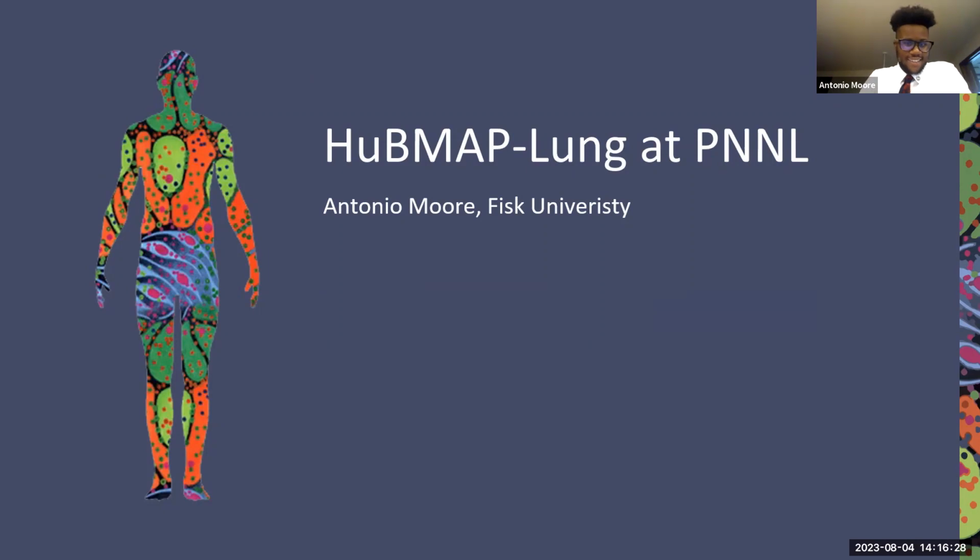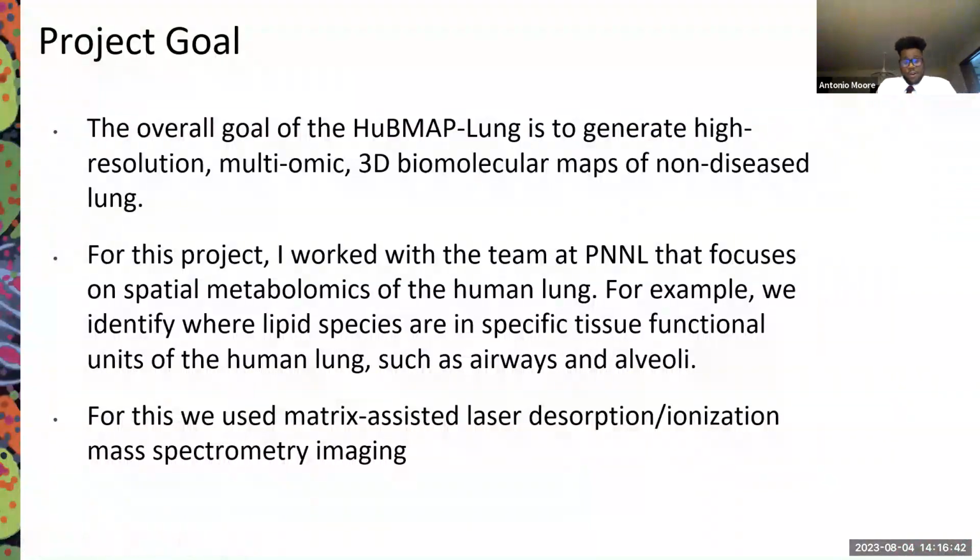This summer I worked on part of the HuBMAP lung program, and I'm excited to share. So the HuBMAP lung program is a multi-center collaboration with the goal of generating high-resolution, multi-omic, 3D biomolecular maps of non-disease lungs.